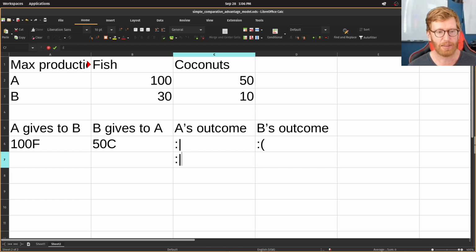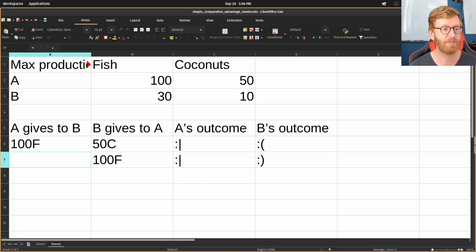So let's try the flip side, which should make Eli happy, which is where I give him 50 coconuts and he gives me 100 fish. Now it's going to take him multiple days to get all these coconuts and fish together. Don't worry about that. Again, it's the ratio that matters, not the absolute amount. Don't get distracted by absolute advantage.